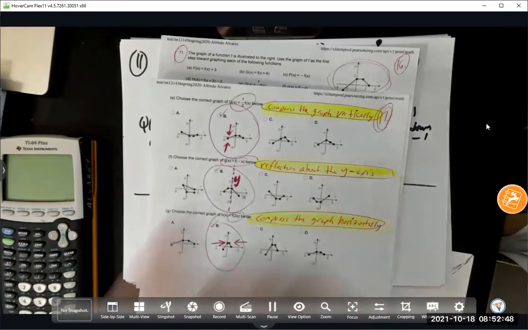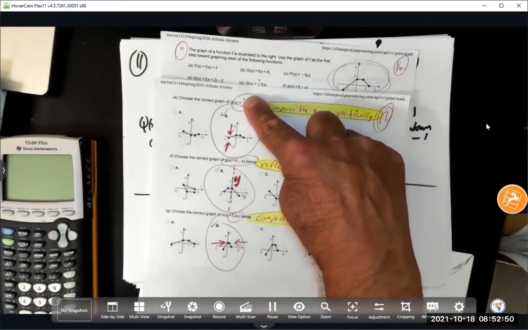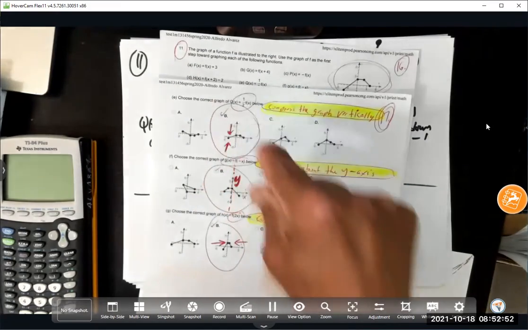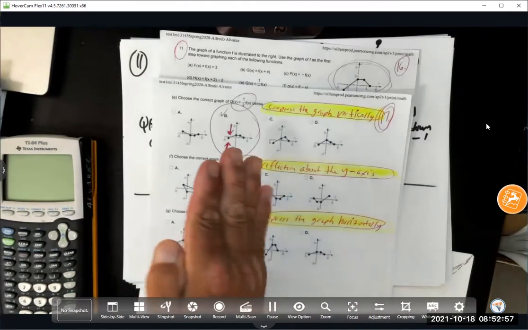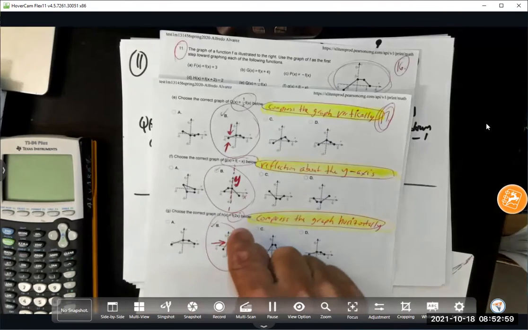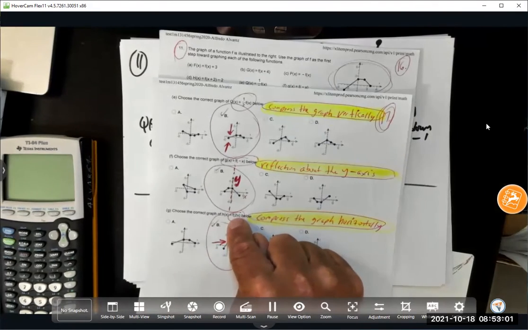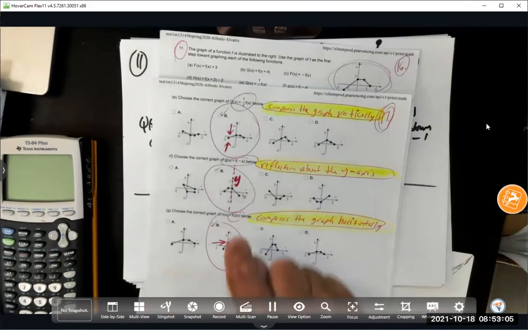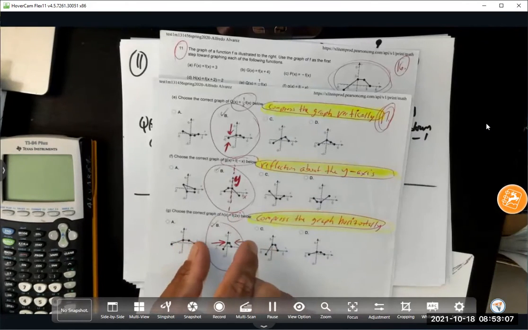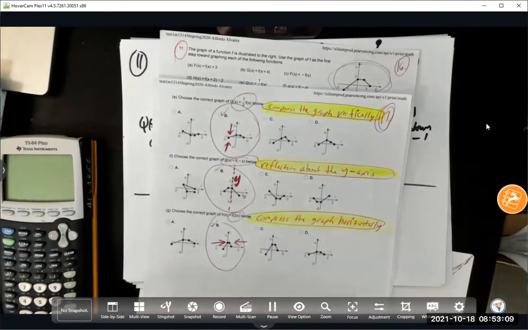So you just gotta remember, if it's 1/2, 1/3 outside, it squashes it this way. When you have the negative x replacements in there, it just turns it around. And when you put a 2x for the x or 3x or 5x for the x, what does it do to the graph? It just squashes it this way. That's all it does.